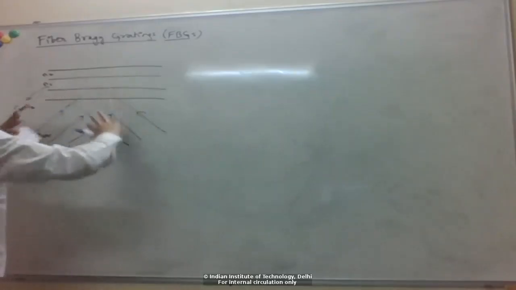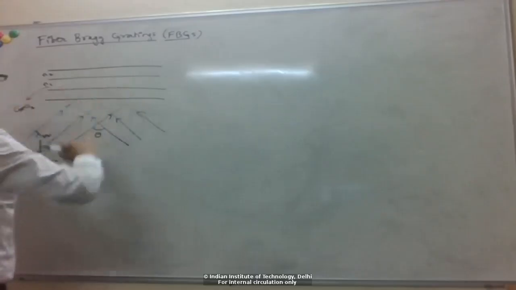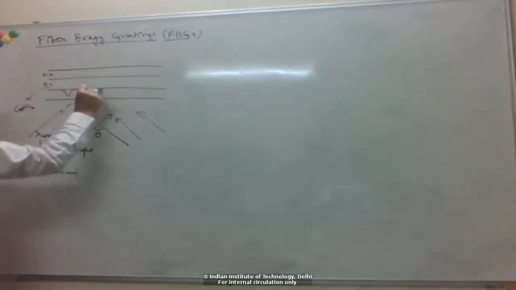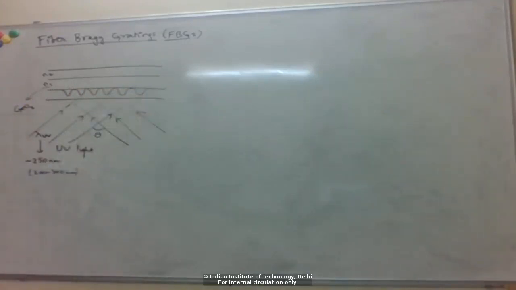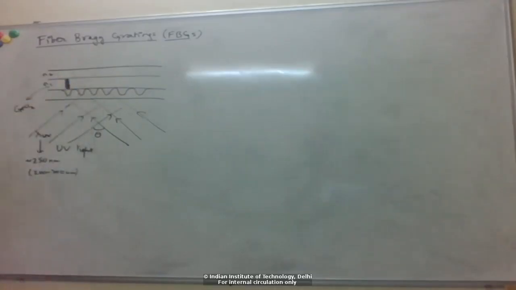So you have these two plane waves here, and you can imagine when you interfere them on this fiber, there will be some interference pattern created, right? There will be some regions of high intensity and low intensity due to the interference. And wherever the intensity is high, the refractive index changes slightly because of this photorefractive effect that we talked about.